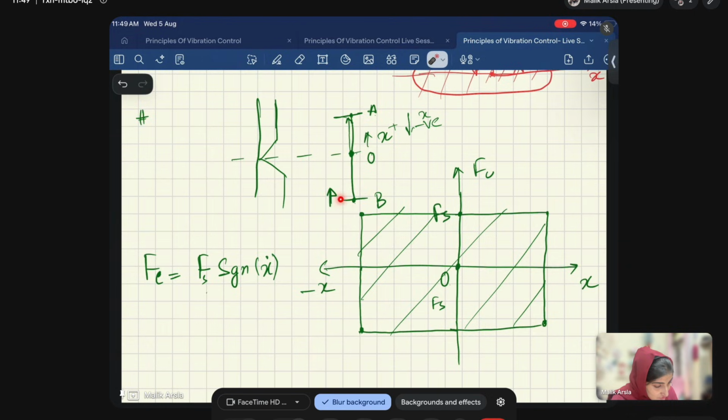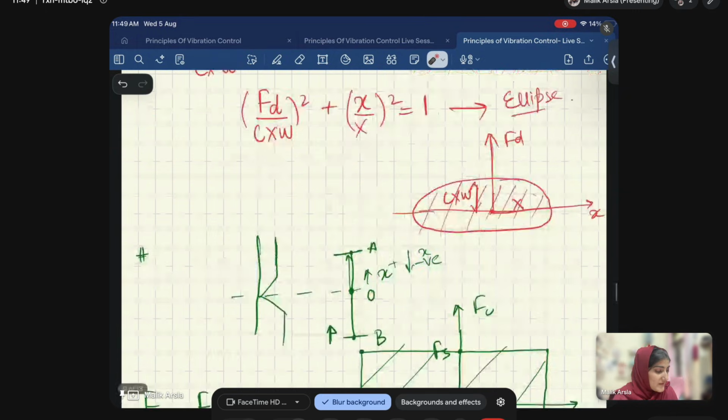As the direction changes, x is still negative, but the direction of force becomes positive, so we reach this point. And now as it moves to 0, the direction of force is the same, positive, but the negative x is decreasing from minus X to 0. So this is how this is formed.